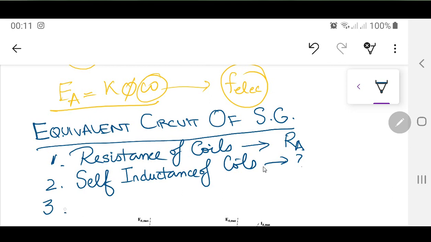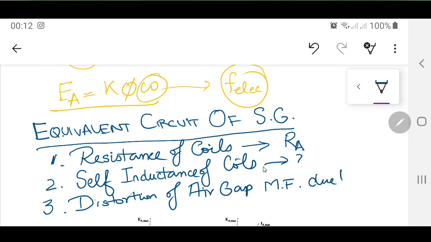And the third thing is very, very important, for which this article is going to be paving the way: the distortion that is going to be created in the air gap, distortion of the air gap magnetic field, which is produced due to the stator magnetic field. Now what is this I am talking about?